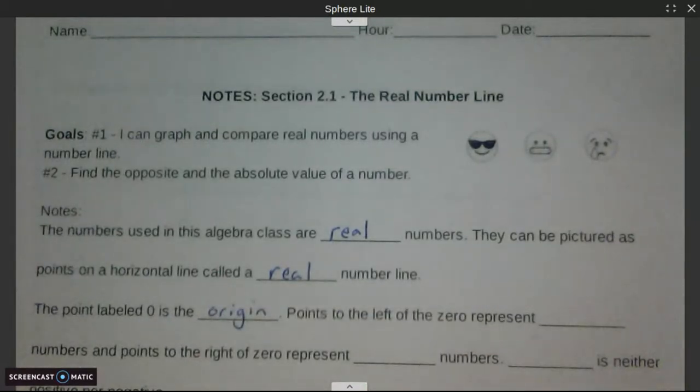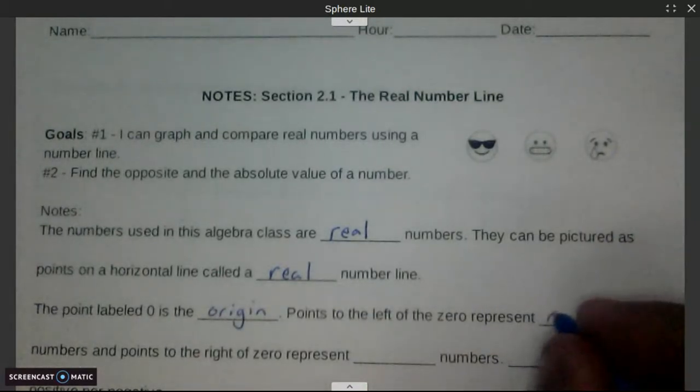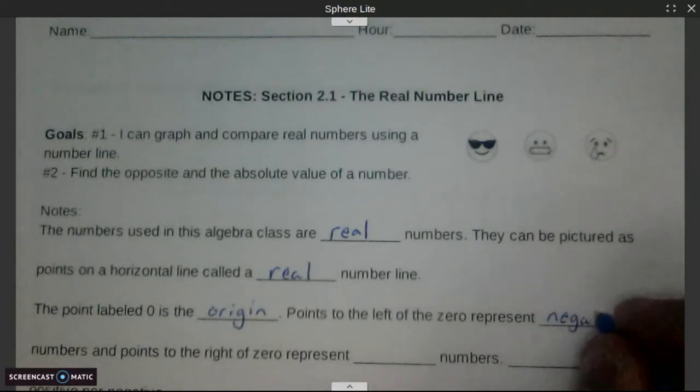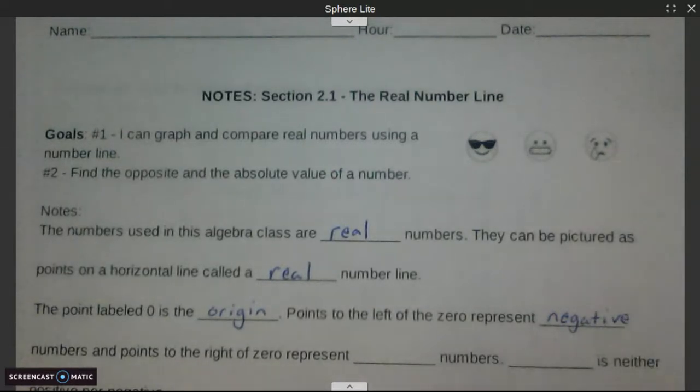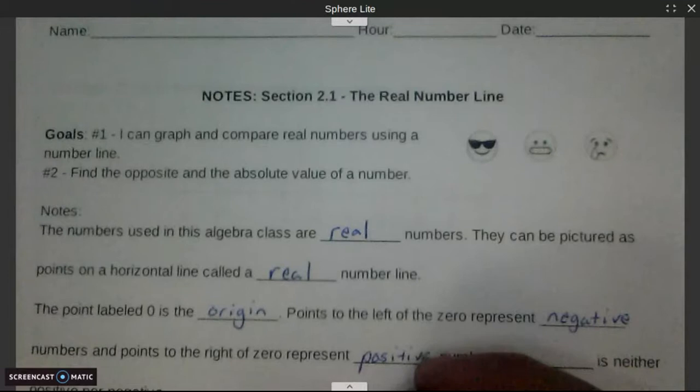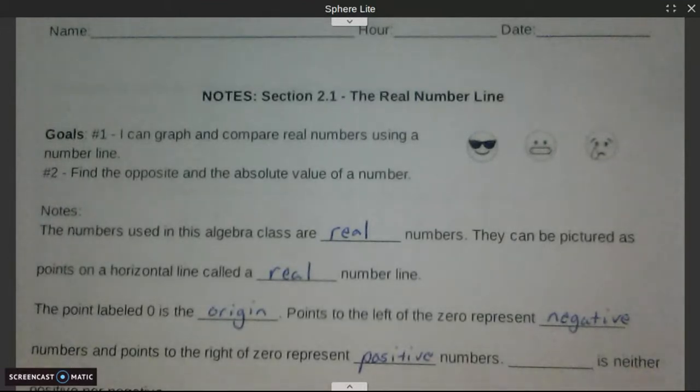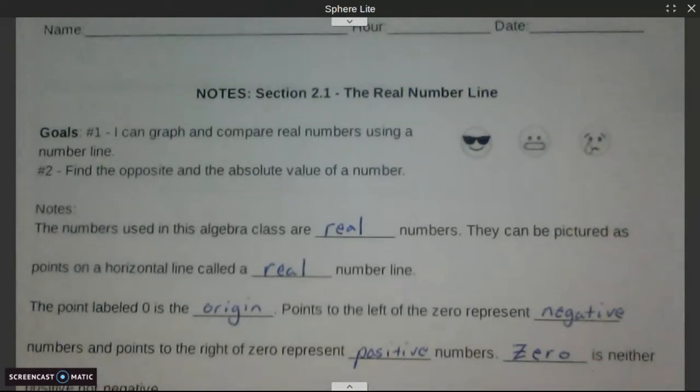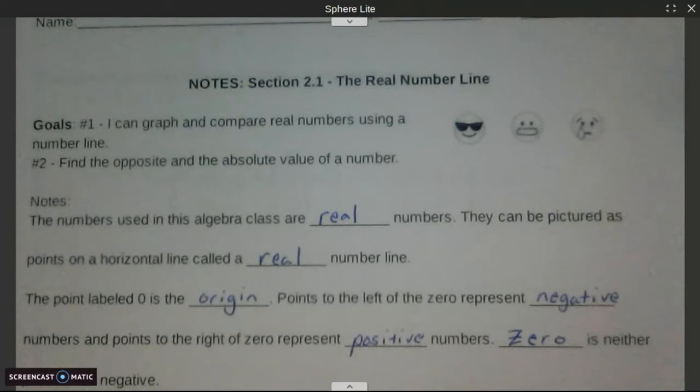Points to the left of the 0 represent negative numbers, and points to the right of the 0 represent positive numbers. We have to remember that 0 is neither positive nor negative.